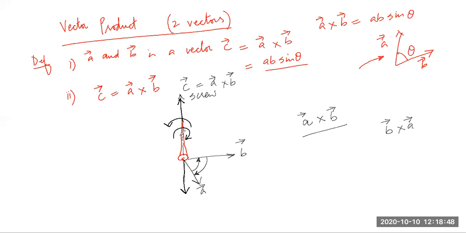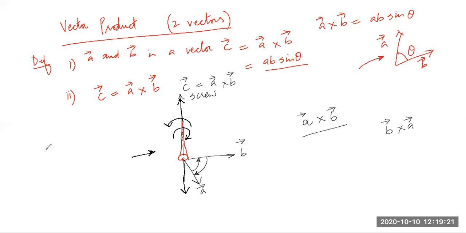If you apply the force clockwise, it goes inside. This is vector C. But if you do it anti-clockwise, it comes out. So the direction of the C vector is basically the direction in which the screw is having translation motion. It's getting inserted, or it's coming out.